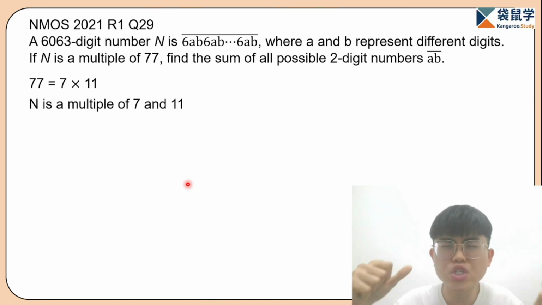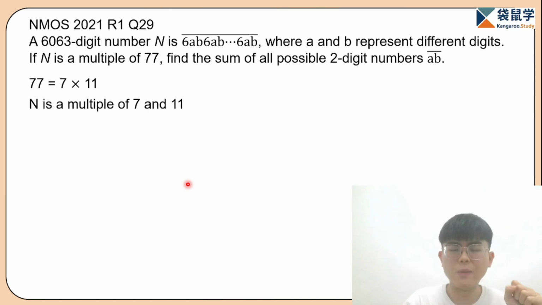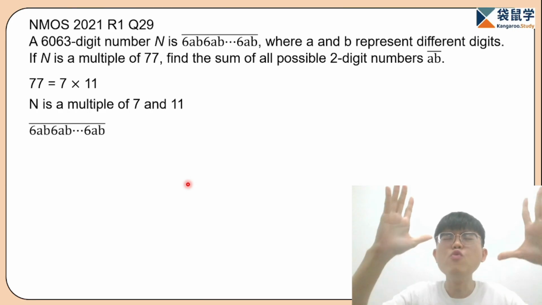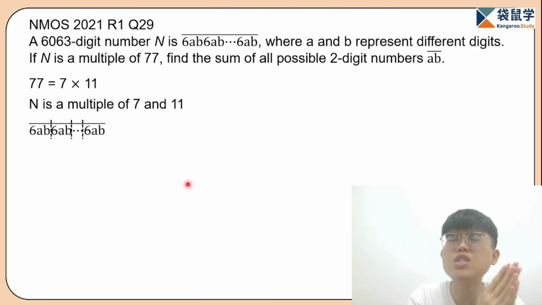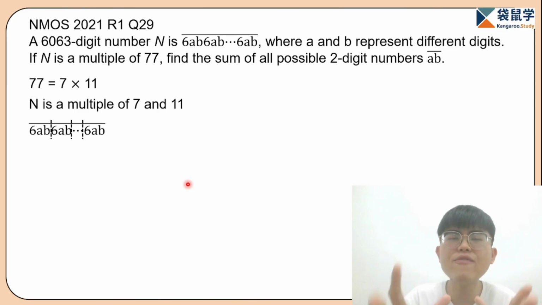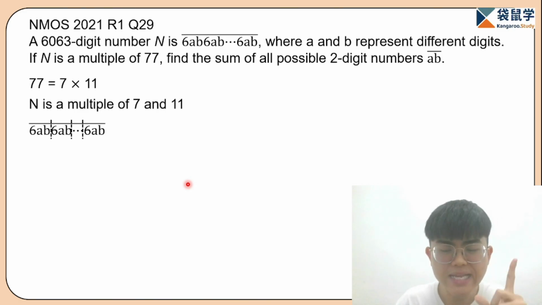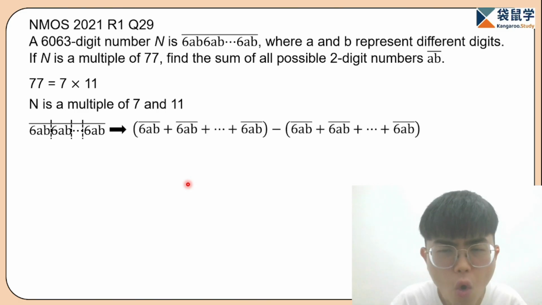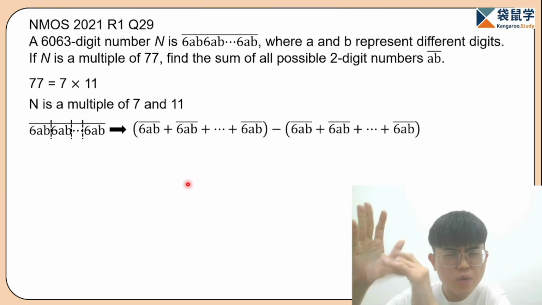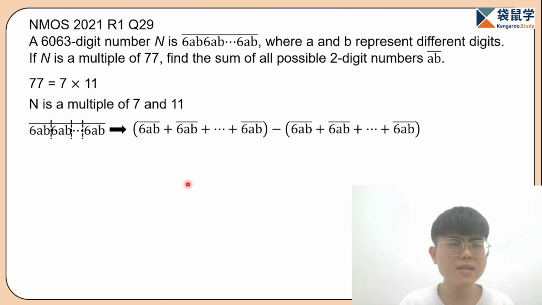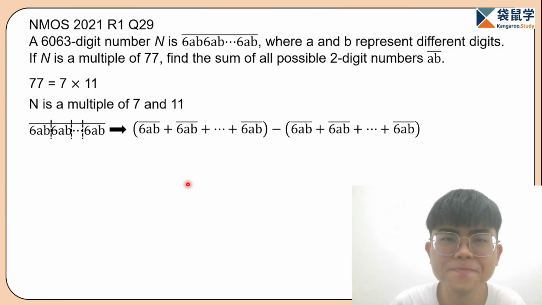So do you remember how we check just now? For our number right here, we split into 3-digit parts starting from the right. And then we just have to find the sum and the difference between the odd and even parts. If we calculate this, we can see that there will be a lot of 6AB added together minus a lot of 6AB. But now, what will be our answer?